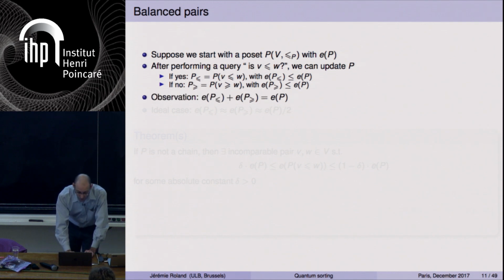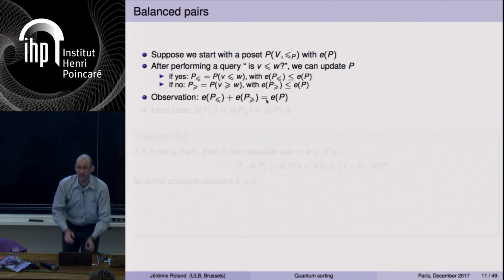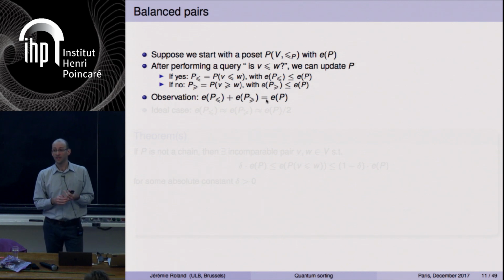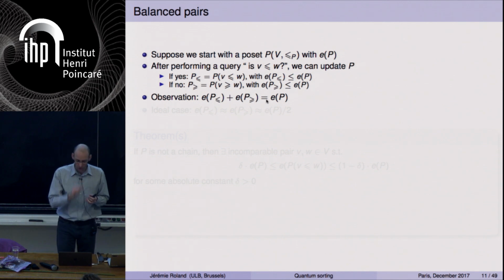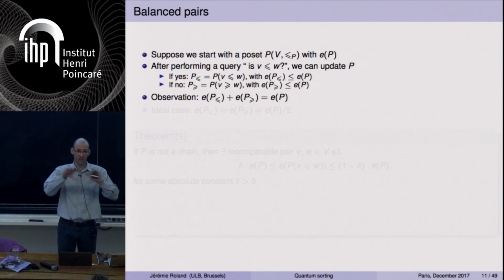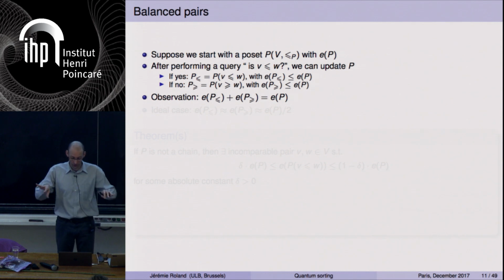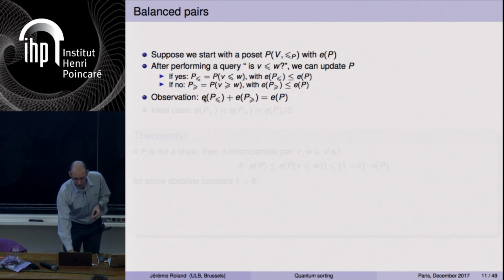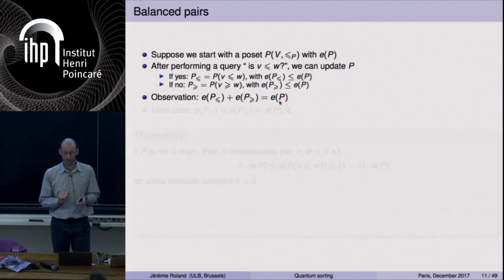And you also know that the sum of these two is what you had before, because among all the partial orders that are compatible with P, some of them have v less than w, and some of them have v larger than w. So this really splits the partial orders. If you sum this number and this number, you get the total number of options.